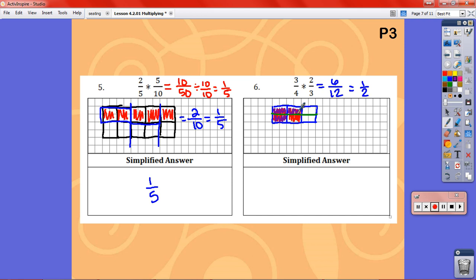So that's 1, 2, 3 out of 1, 2, 3, 4, 5, 6 pieces. 3 out of 6, which is also 1/2. And it's also 6/12 if I divide along the lines this way too. Now there are 12 total pieces, and 6 are shaded in purple. So 1/2.